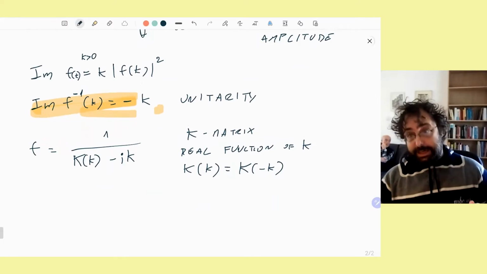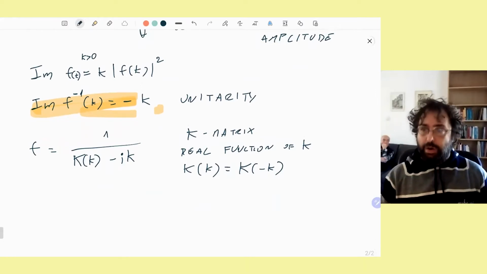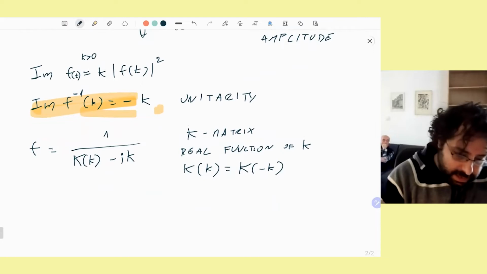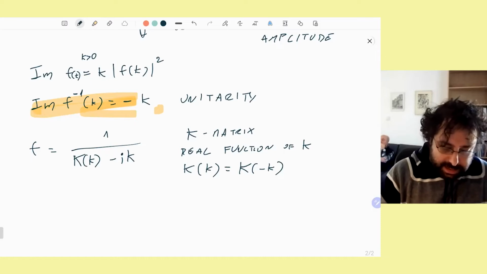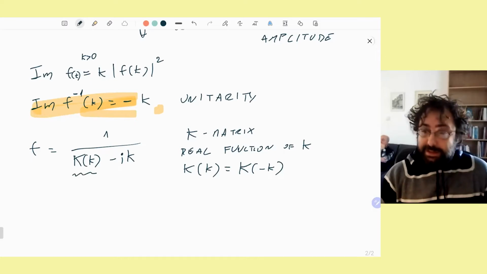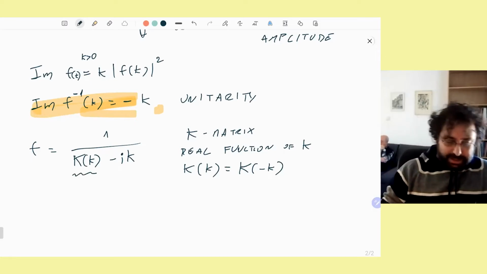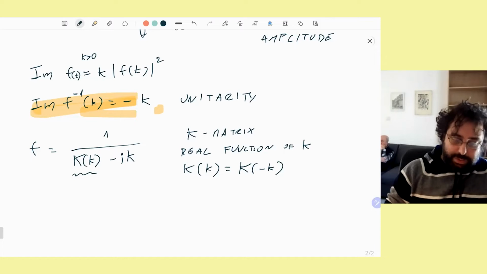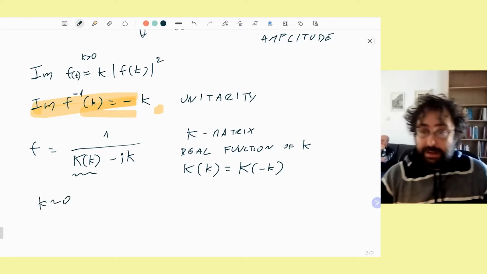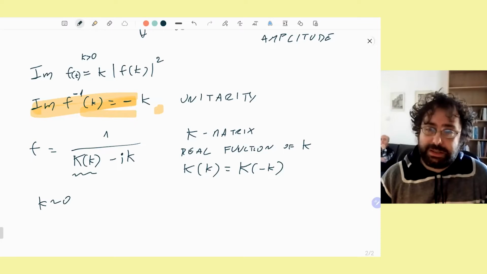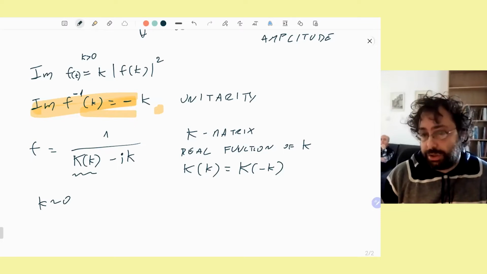So as I said, there are not many things I know from first principles, but what I can study, for example, is approximating this guy. The idea is, if I want to study only the region with K very close to 0, I'm interested in what's happening at threshold.